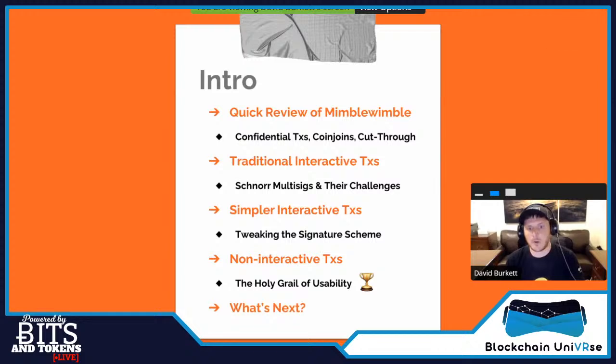It's a simple protocol at the technical level, but from a user's perspective, it's pretty complicated. So there are different proposals for improving it. And then we'll talk about what other cutting edge features are being worked on, what other ways we can improve the protocol and make things even more private, more scalable.